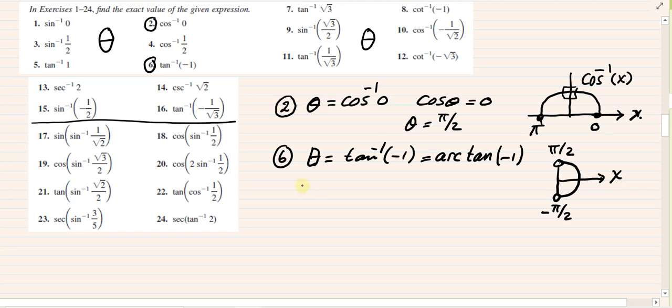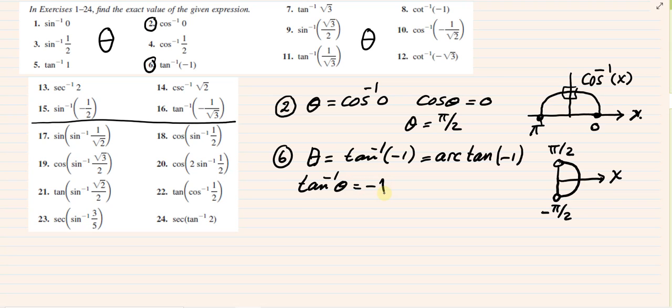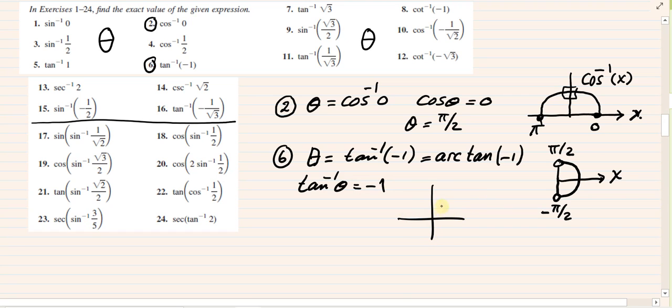So by definition of inverse, tan inverse of an angle theta must be -1. Now, a lot of these exercises, in fact most of them, are going to have special angles for which we know the exact value for the trig functions of that angle. So here we need to think about, tangent of what angle is -1? Tangent is negative when the ratio of sine to cosine is negative.